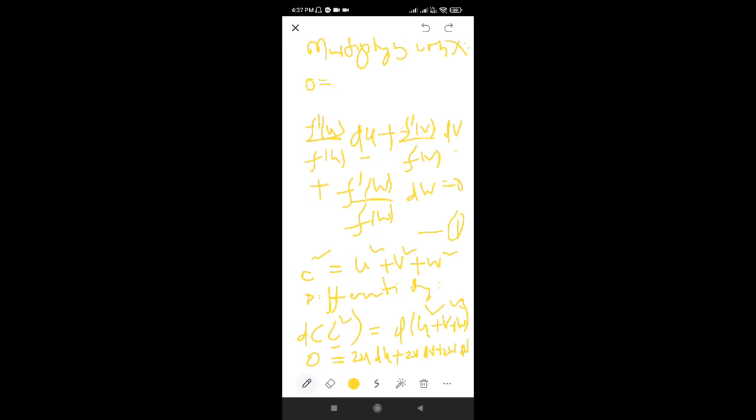You forget about these 2, and lambda u du, next lambda v dv plus lambda w dw. You may omit these 2. Instead of 2 I am writing lambda. Lambda may be any number. Is it okay?